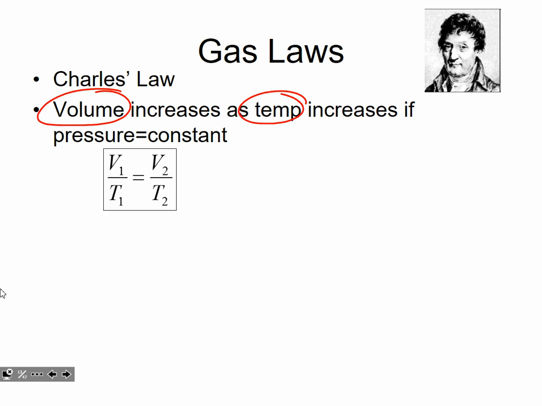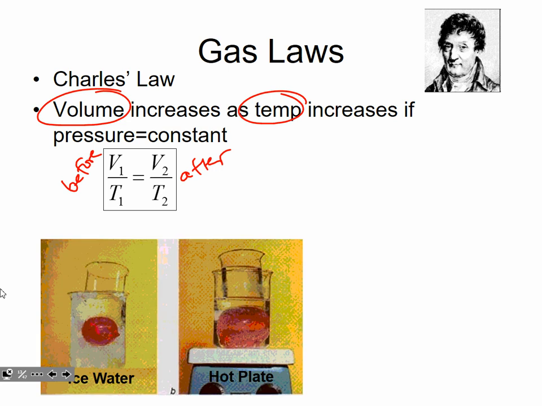And this is our gas law for Charles' law. V1 over T1 equals V2 over T2. Again, this is a before and an after. And notice that we're dividing, so V1 divided by T1 equals V2 divided by T2. The balloon example is a great one, and that's what this picture is showing.